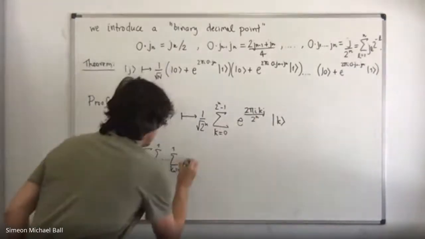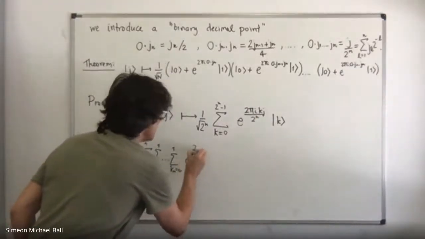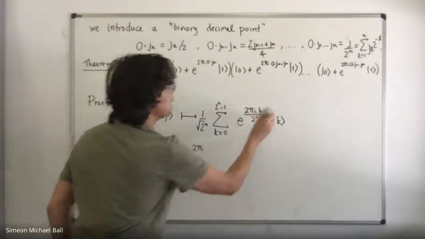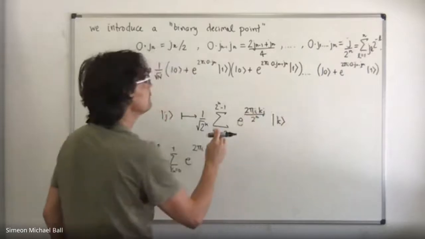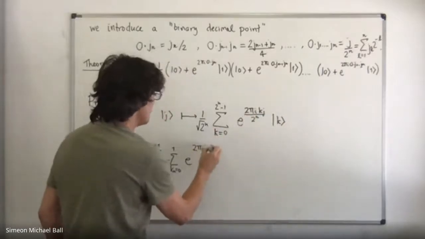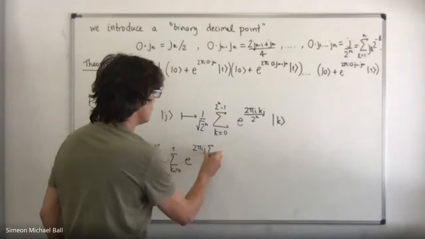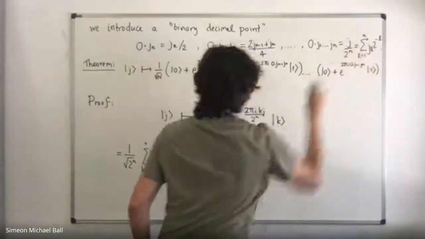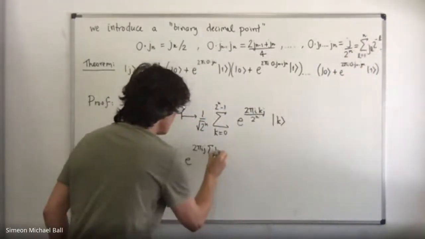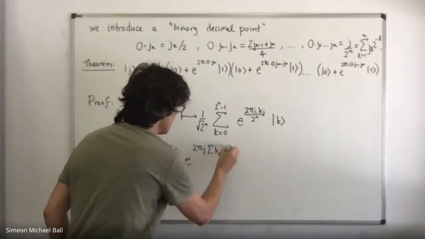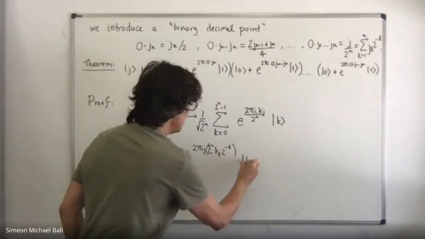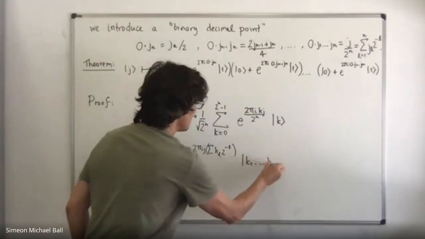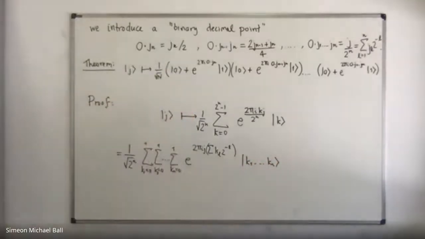Here we have this e to the 2 pi i, the k divided by, over j, the sum of k_l 2 to the minus l here, brackets around there, and then k1 to kn.